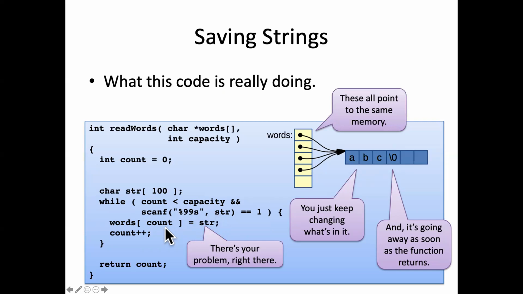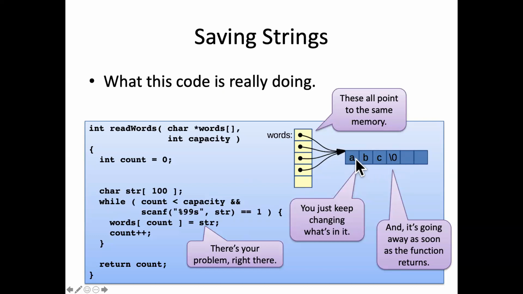Now, after I've read a word, I fill in the next pointer in my words array, but for every one of those pointers, I'm making them point at the same string array. And I think of this picture as showing what that's doing. When you return from this function, every time you set up one of these pointers, you made it point to the same place. So however many words you read, you're going to have a pointer, each of it pointing to the same array.